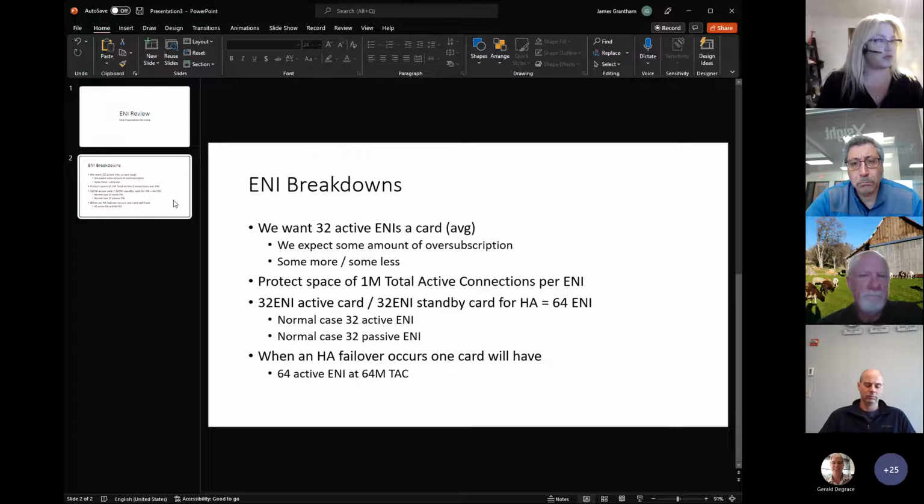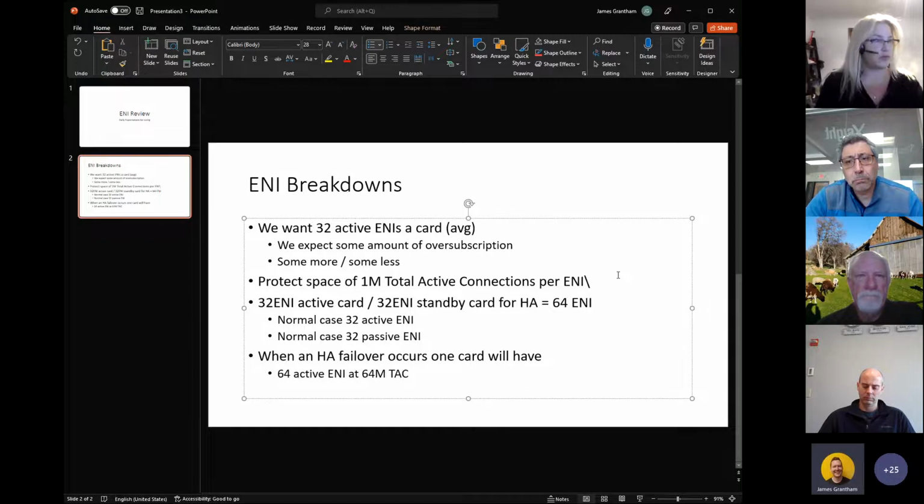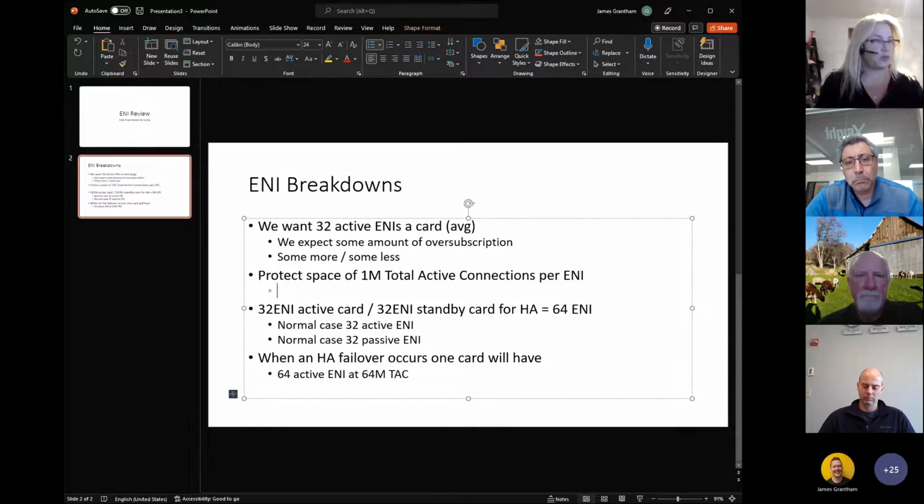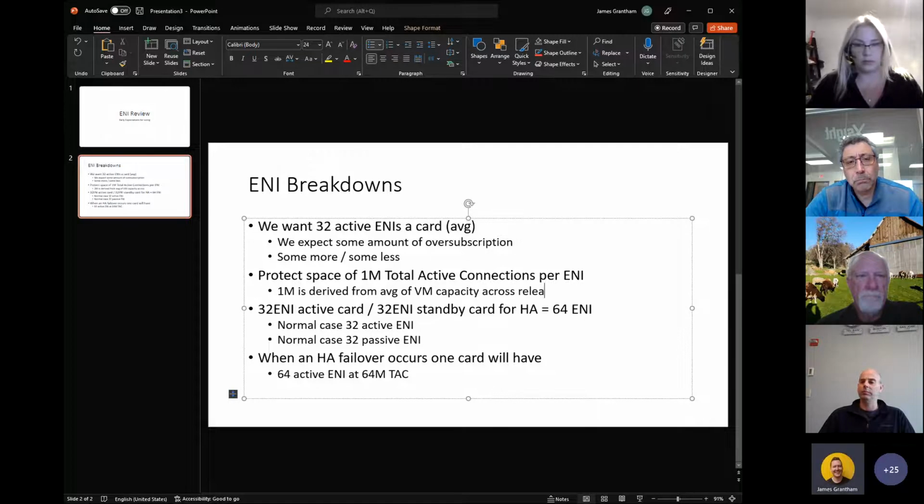Yeah, there's kind of a sliding scale there, but to make that more clear, the 1 million we want to protect is derived from the average of VM capacity across the board, because some will be bigger and some will be smaller. But yeah, on average, 1 million is the right number.